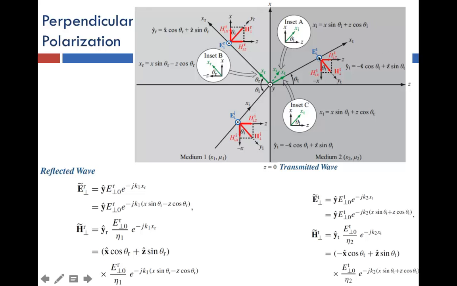E has the same direction and H has the same direction in this case. So the only difference in the unit vector notation is the direction in which the reflected H wave points. It's basically flipped. The tangential component of H has flipped.